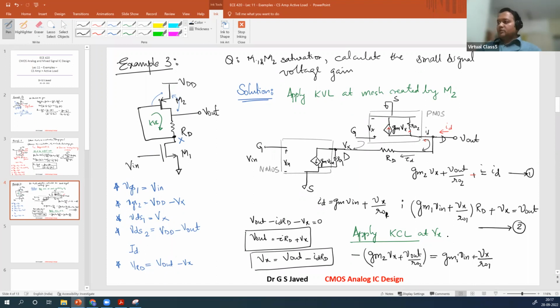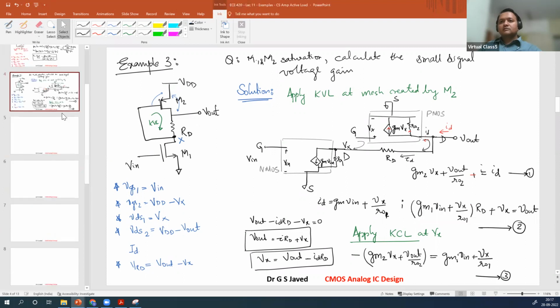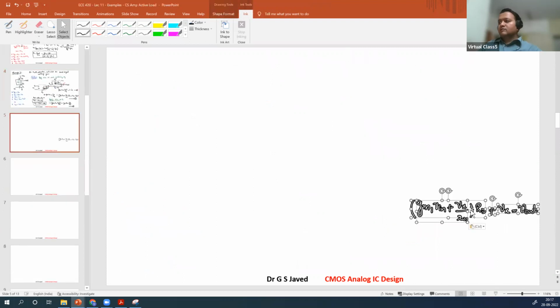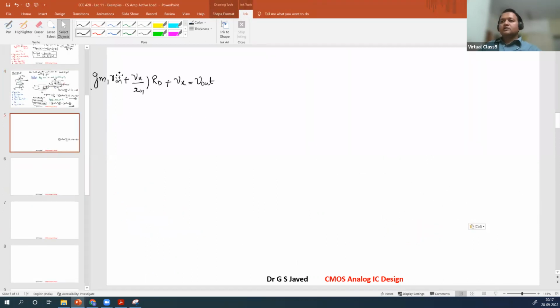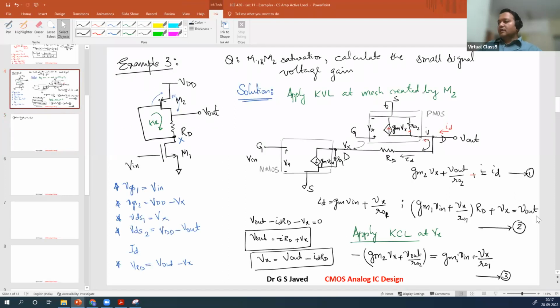Now let us copy these two equations and simplify. This is one equation. This is the second equation.